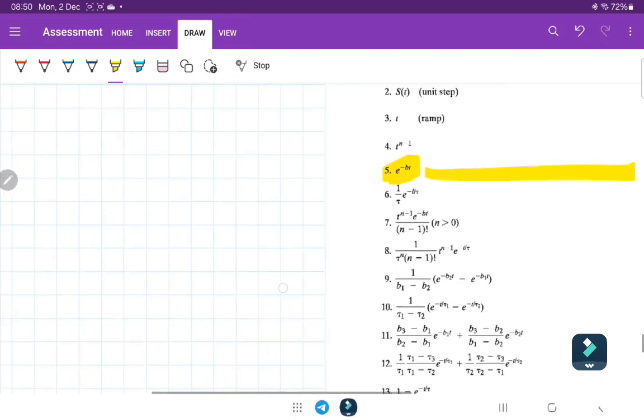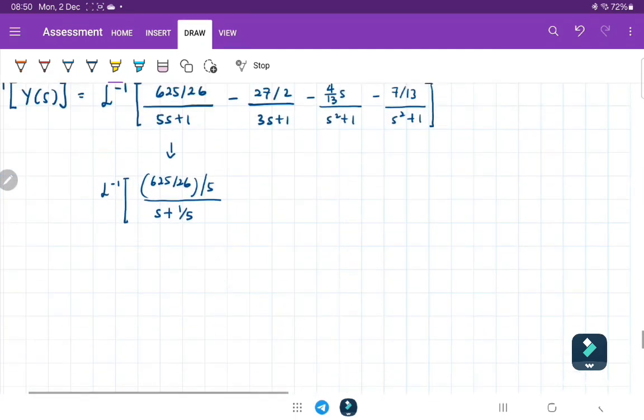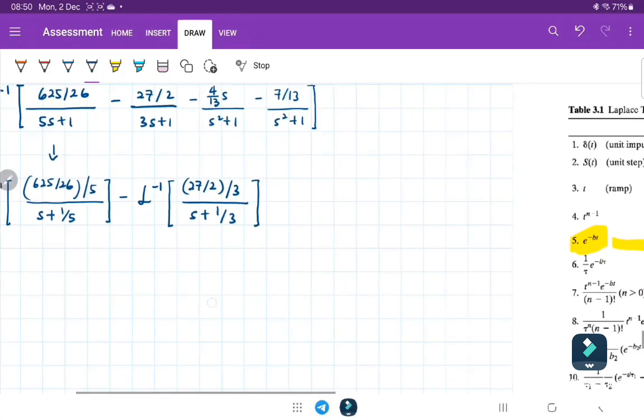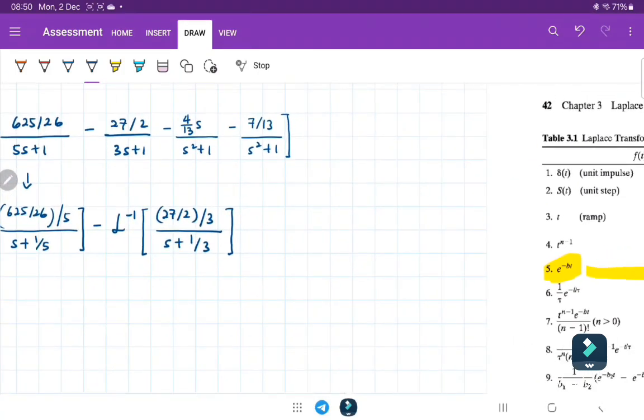So this one, when you inverse Laplace, same thing for the second one. 27 over 2, we need to divide that by 3, over s plus 1 over 3. Now for the third term, you can see what we have is s over s squared plus 1.